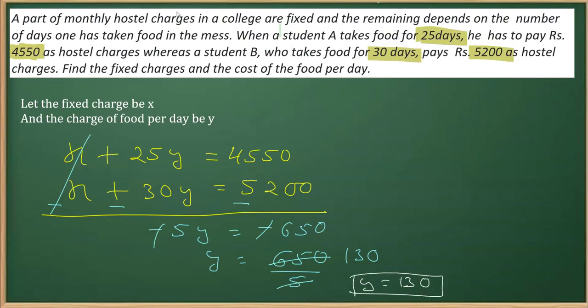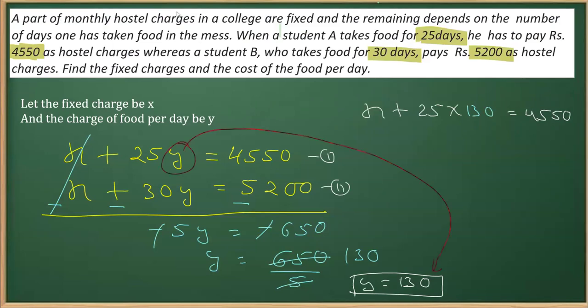Once we get Y, let's figure out how we can get X. We can replace Y in any of the equations. I'll go for equation 1 here. So I replaced this Y with its value, that is 130, in equation 1.